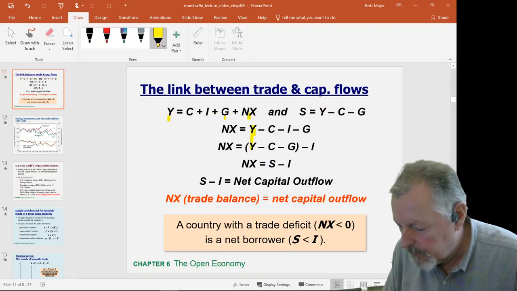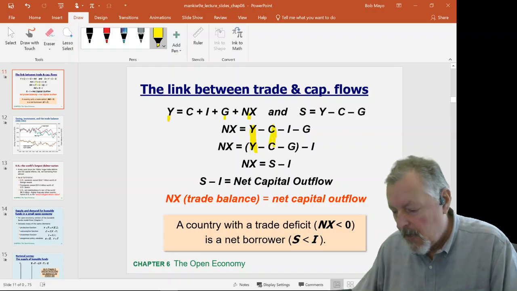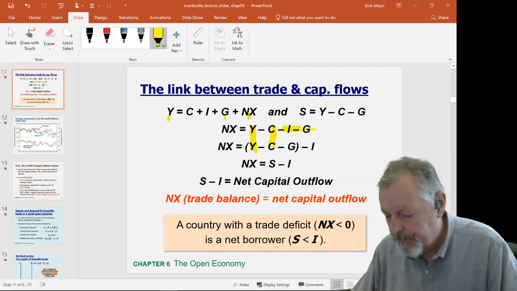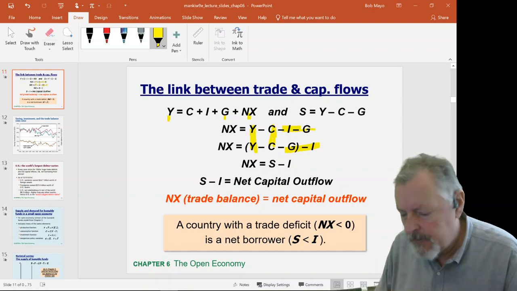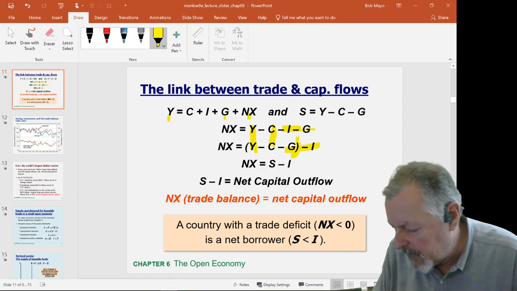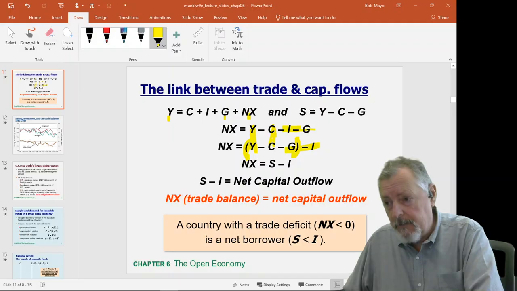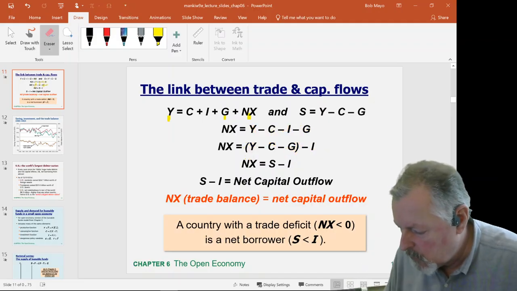Leave Y and C where they are, and just switch the order of I and G. That doesn't change anything, does it? And put some parentheses in here. That doesn't change anything. But if you do that, look what you've done.